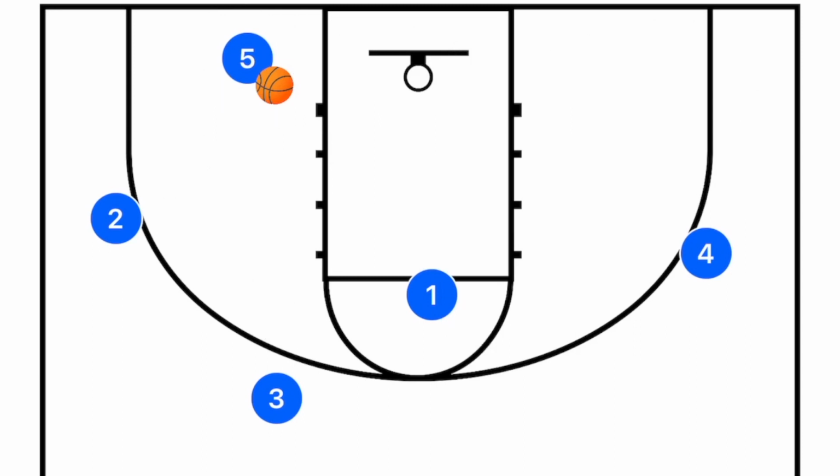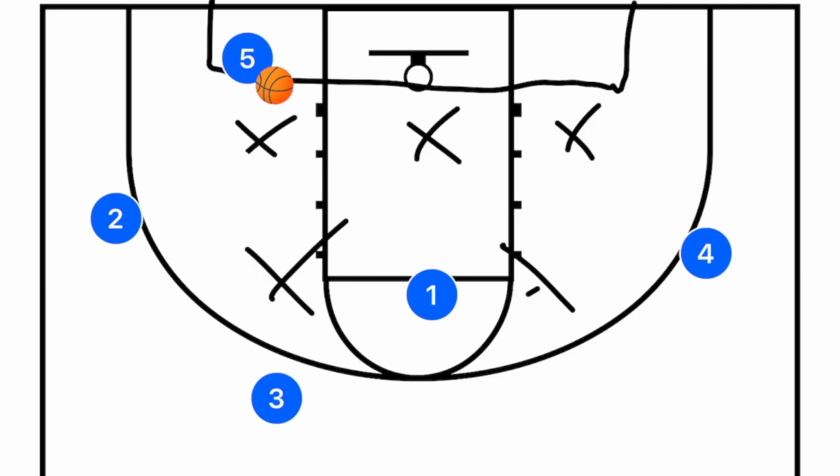The other reason why I like centers making passing plays from the baseline is because, let's say the defense is set up in a zone, just as an example, even though this is not really a zone offense, now you're passing from behind the defense.